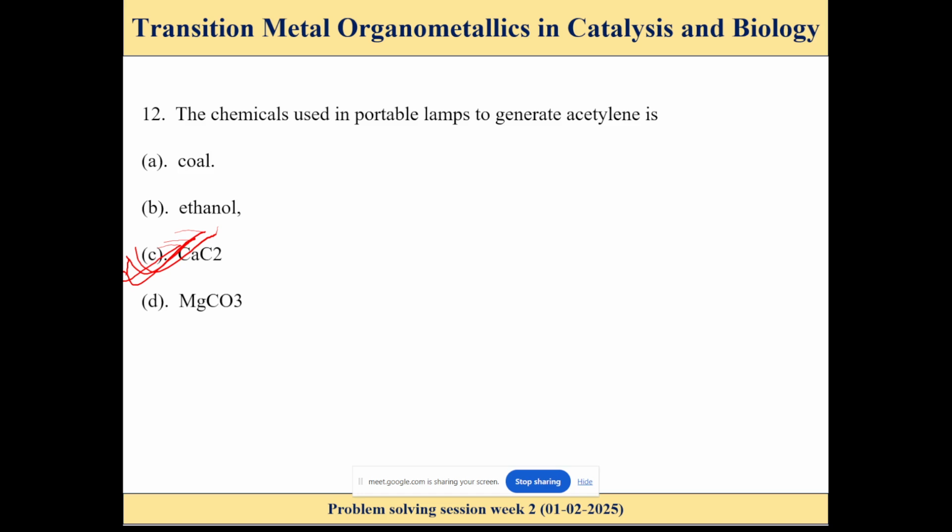If you put a little amount of water on it, in a certain amount over a certain time frame, it will release acetylene, and burning of acetylene creates light, a bright light. You can see it in welding, how bright the light is. Like that, acetylene light is also very bright.